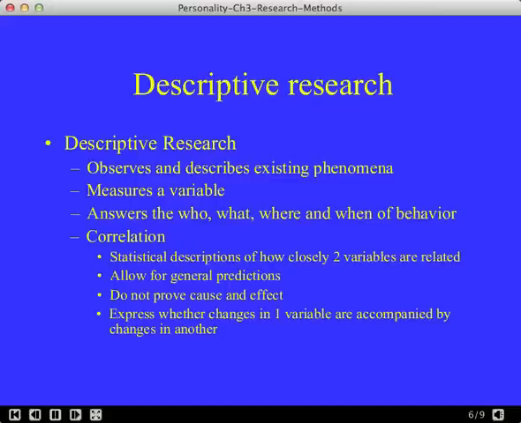Correlations express whether changes in one variable are accompanied by changes in another, not cause and effect. There may be a third variable unaccounted for that changes either or both of the two variables in the correlation. Some examples: the more people weigh, the higher their salaries.